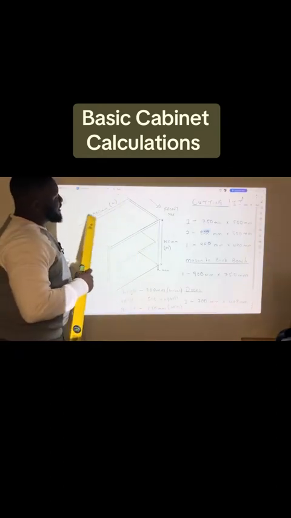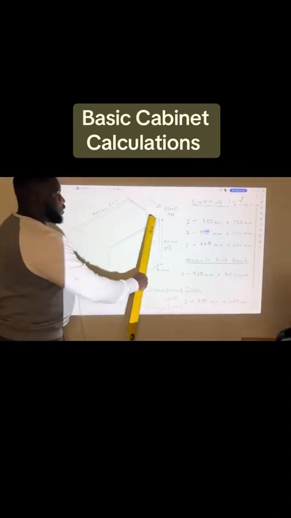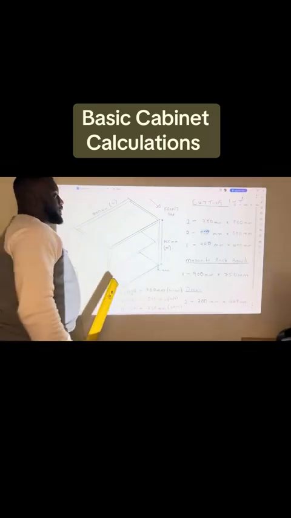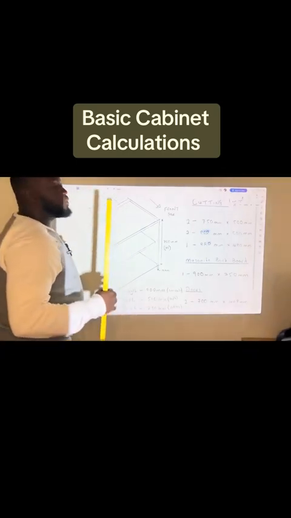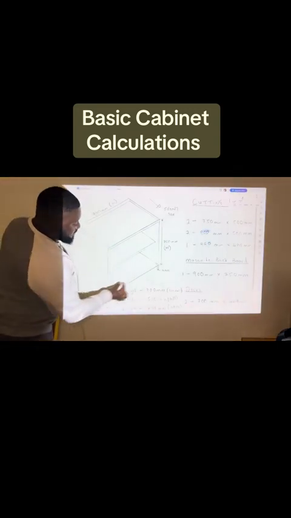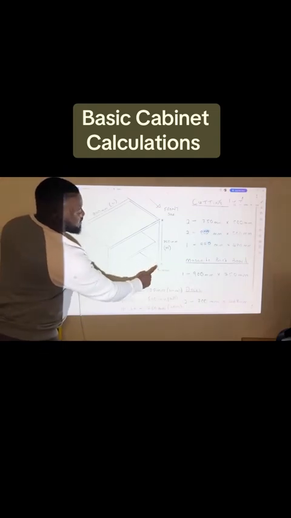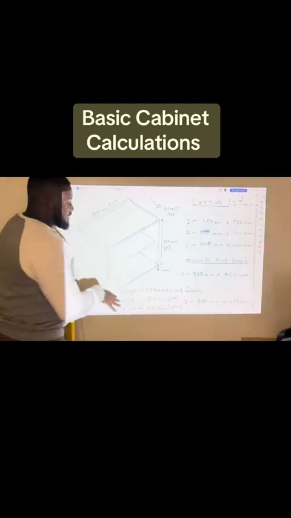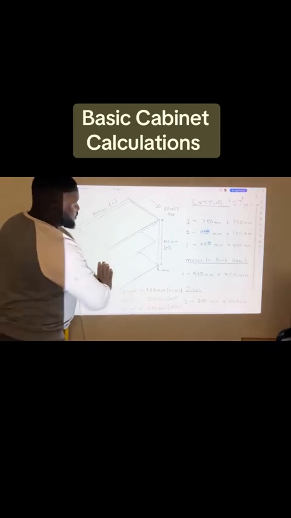So we are saying 900 divided by 2 for you to see the half, the center of the whole cupboard, because the doors are going to close the whole cupboard. Some, according to how they want the doors to look, leave this 16 millimeter space. Some leave it, and the door can start from here and also end from here. It depends on the design, but for the sake of this discussion, we are going to go with the whole cupboard closed with doors.